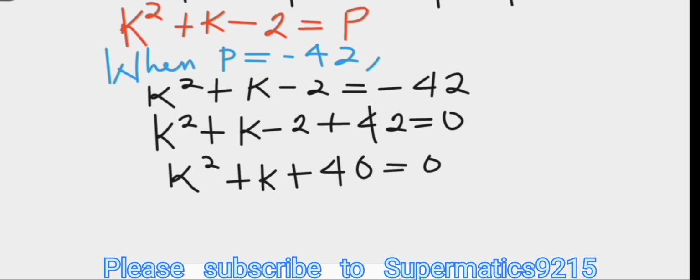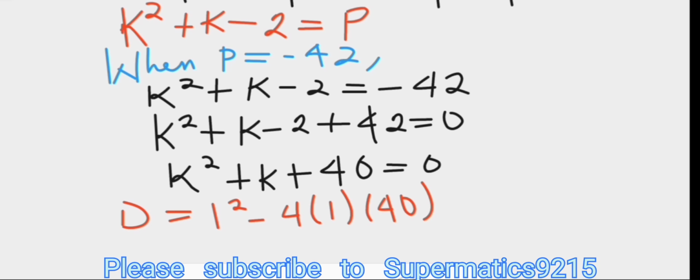Trying out the discriminant as we did earlier on, where a is 1, b is 1, and c is 40, the discriminant d is 1 squared minus 4 times 1 times 40. This is going to give us 1 minus 160, which is minus 159.